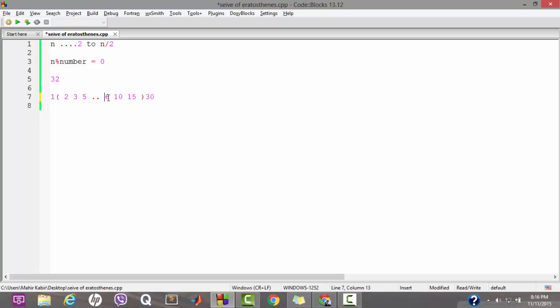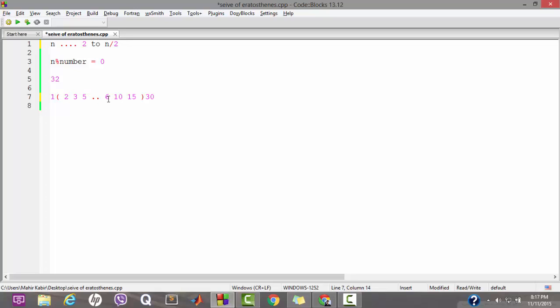So we don't need to check for 6, 10 and 15, because if they are factors of 30, then, well, we are checking whether a number is a factor of a big number just to make sure that number is prime or not. But before checking for 6, we'll get a hit at 2 and 3.